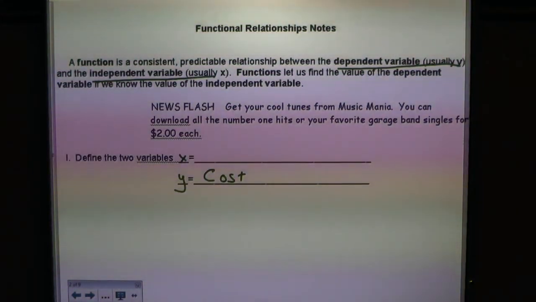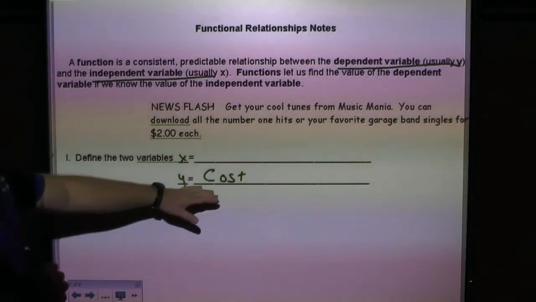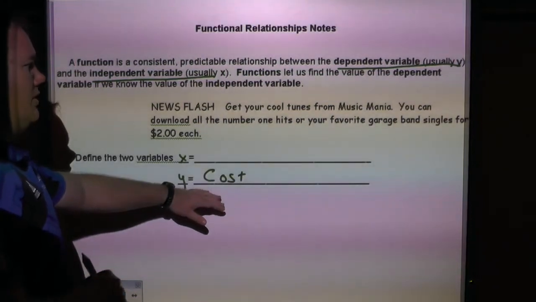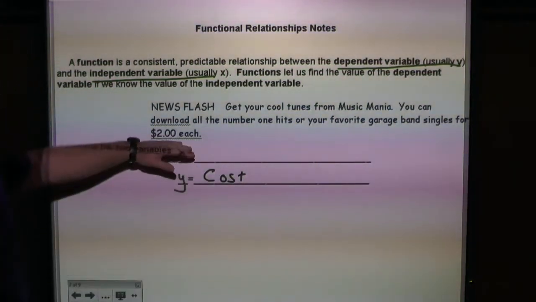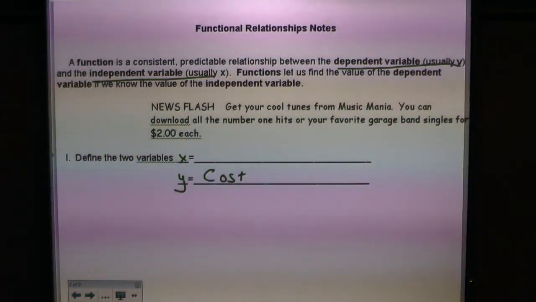You're going to find out probably 95% of the time, when you're dealing with anything that deals with money, your dependent variable will be a cost. To figure out the cost, what do I need to know first? You already know the price of each song.